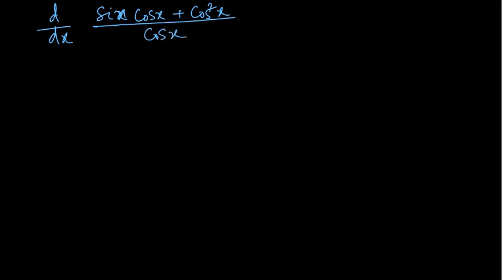So now I'll ask you a similar question. I have d by dx of sin x cos x plus cos square x divided by cos x. So if you consider our entire numerator as u and then denominator as v, it will be a very long thing.